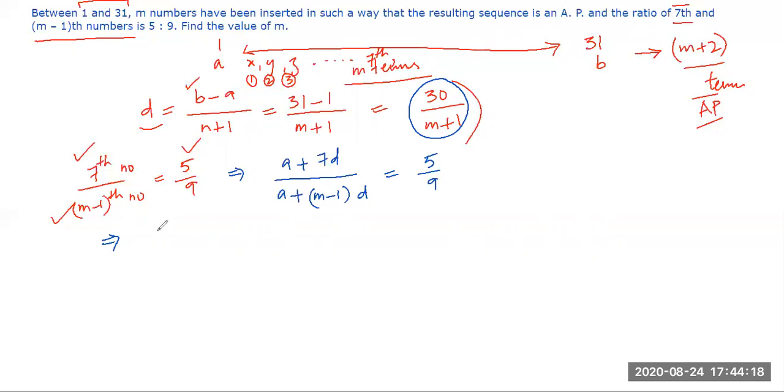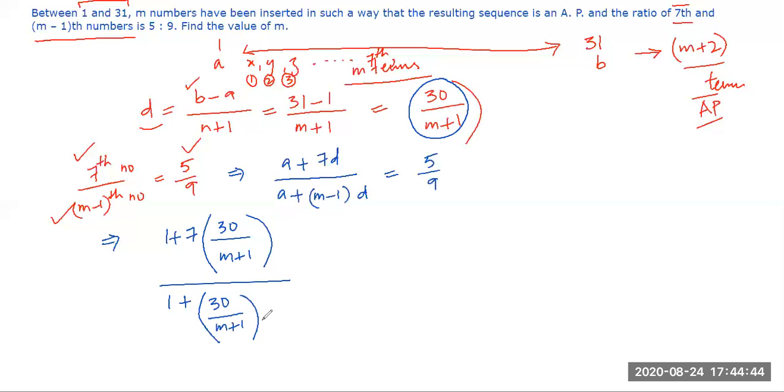Okay, so A is 1. 1 plus 7 into, tell me the value for D, 30 divided by m plus 1. Let's put the value for D first. D is 30 by m plus 1, and this is 1 plus D into m minus 1.